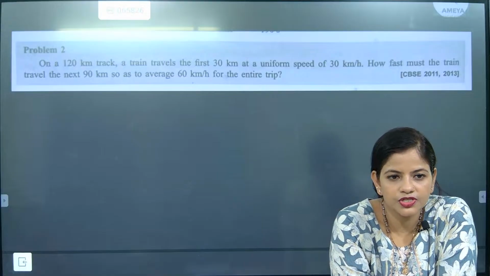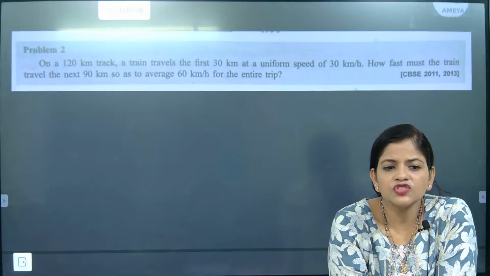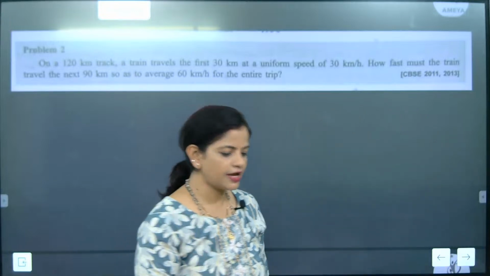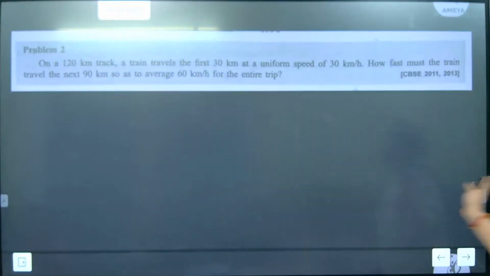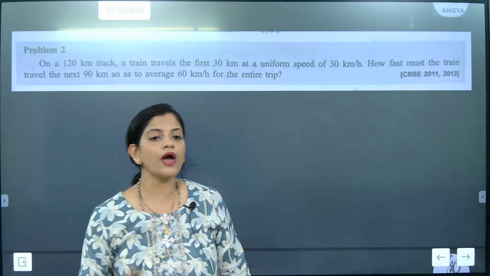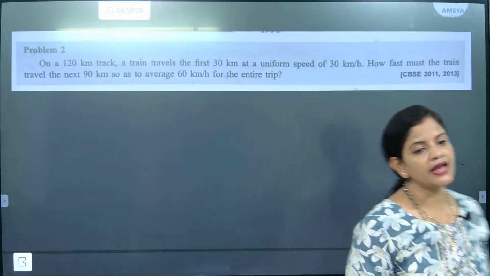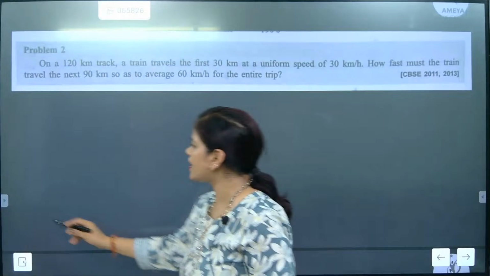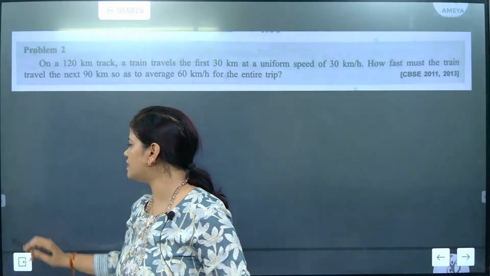Try and understand the question. First, we will break it into 2 points. They are asking how fast the train must travel the next 90 kilometers so that the average speed is 60 kilometers per hour. First, we will try to understand what is given in the question.